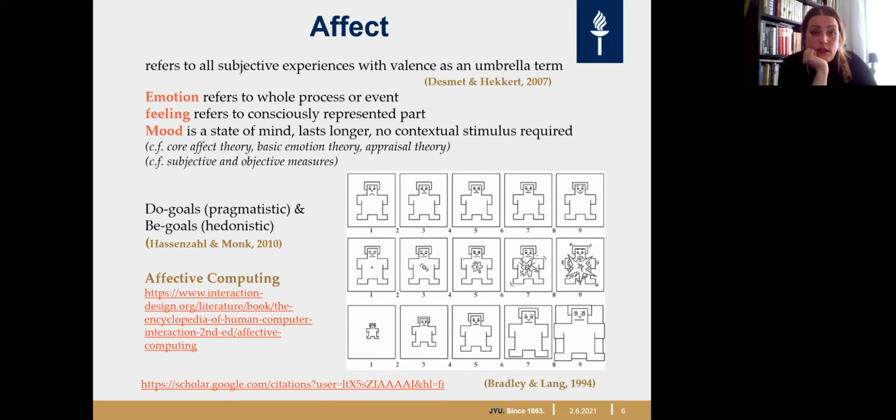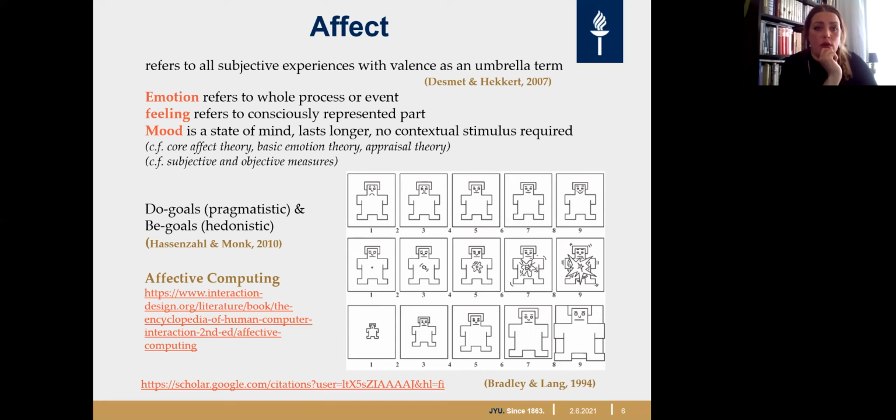But then there's core affect theory, basic emotion theory, and appraisal theory. So these three are the three most known emotion theories. And these have a little bit different kinds of conceptualizations of the different concepts. But what I just presented is quite a general one.